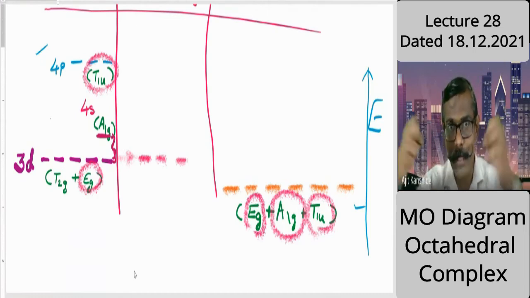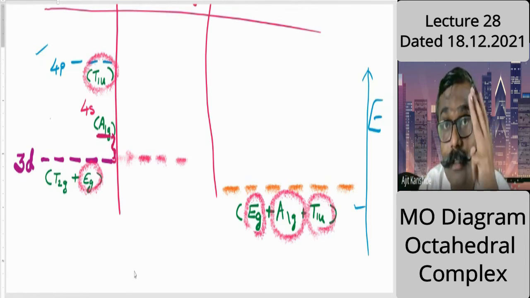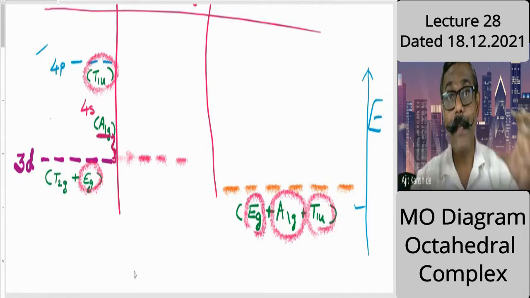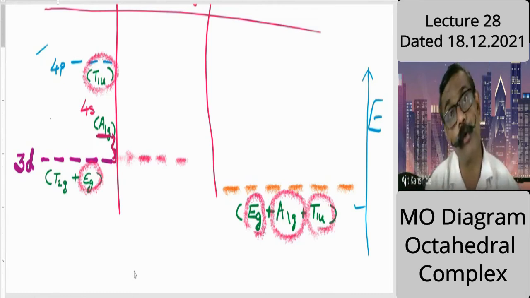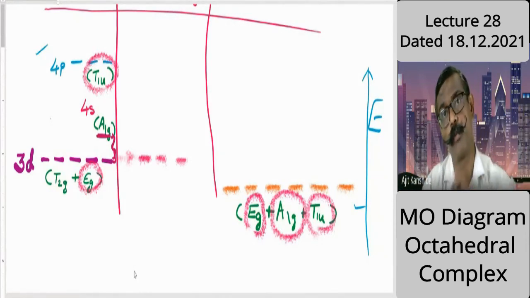And afterwards, overlap is important. Suitability is there, but with whom will overlap occur? The third essential condition to form a molecular orbital is that there should be appreciable overlap. With 4p there is appreciable overlap, so point number 3 is more suitable for 4p. So there is a competition. From the overlap point of view, 4p is best.